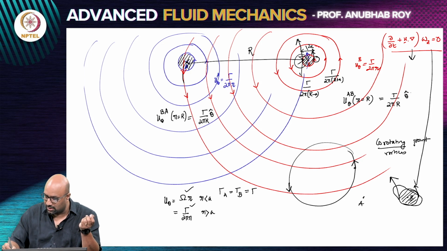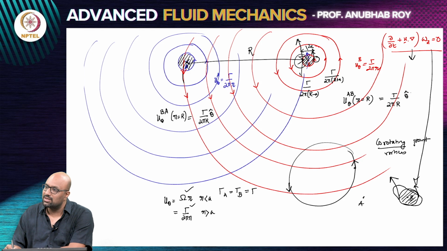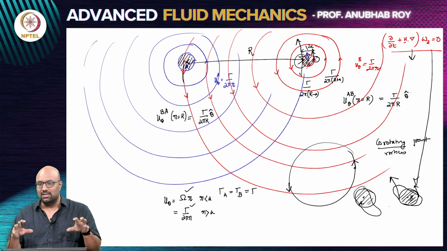If you think of a blob of dye, the dye is going to get stretched. So there will be a deformation of the vortex patch. Now if you extrapolate that argument to there being a vortex patch at A, this too is going to get deformed. So what will happen when you have finite size vortices?